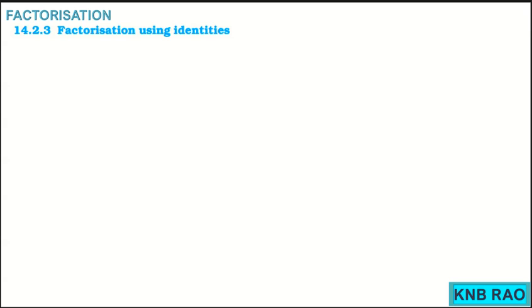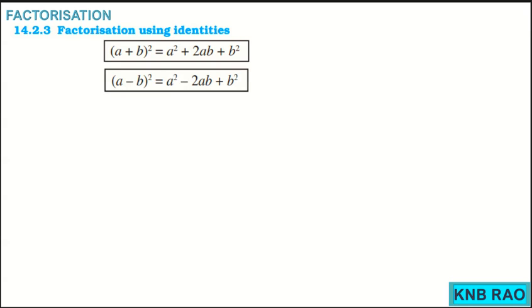First algebraic identity is a plus b whole square, which is equal to a square plus 2ab plus b square. Second standard algebraic identity is a minus b whole square, which is equal to a square minus 2ab plus b square. And third important algebraic identity is a plus b into a minus b, whose product is equal to a square minus b square.